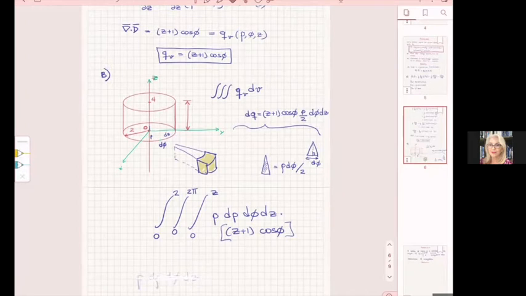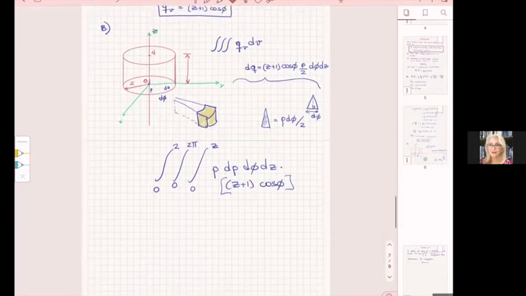So what is interesting here is what is happening. That's why even in the previous case, it was correct that it was 0, but we'll do it carefully now. Practically, we integrate the total charge in this slice of cylinder.